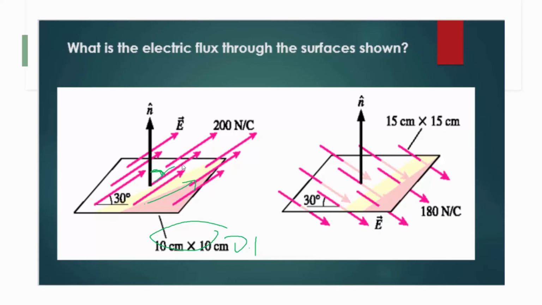Yung tip ko is mag-start ka sa electric field, then you will go counterclockwise until ma-reach mo yung area vector. So, yan. This angle is 60 degrees kasi kung 30 ito, then 60 ito kasi 90 degrees yan.